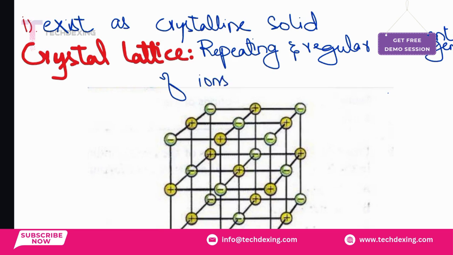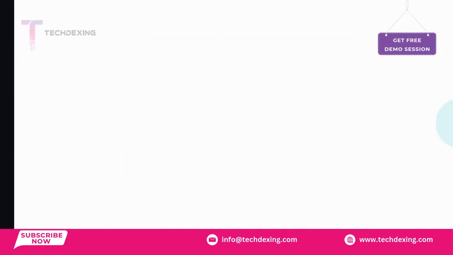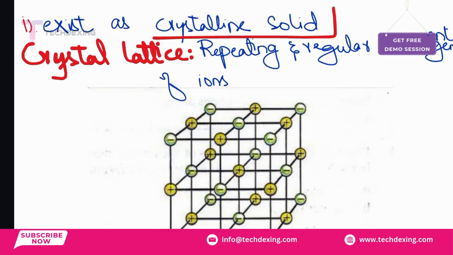Just like you can see on the slide, this type of structure is called the crystal lattice. Here you can see that the positive and negative ions have a specific arrangement, and that arrangement is repeated throughout this structure, and this structure is present in three dimensions.